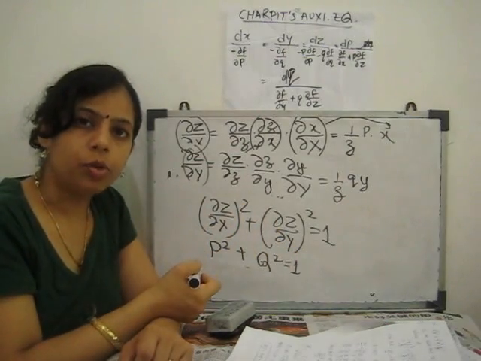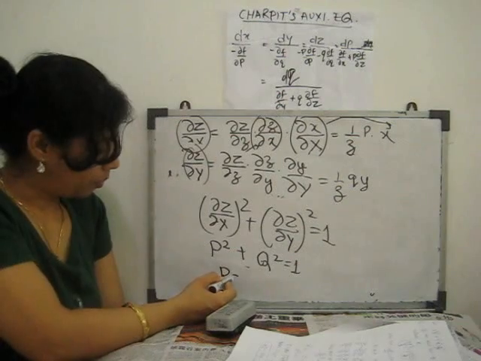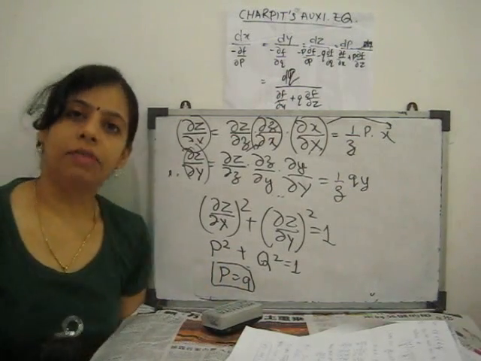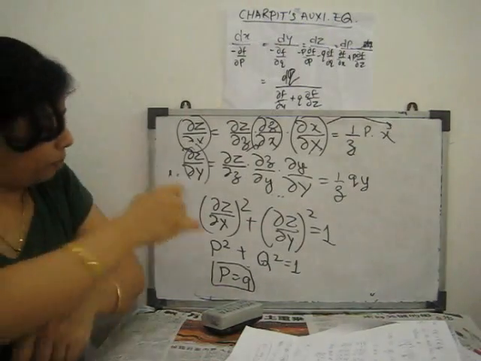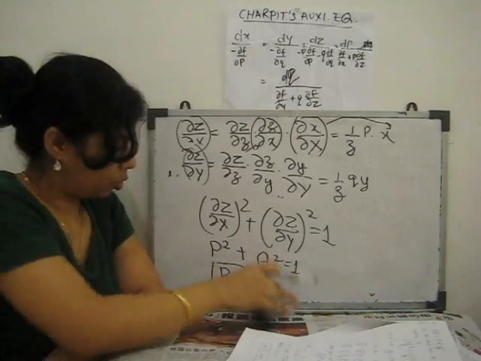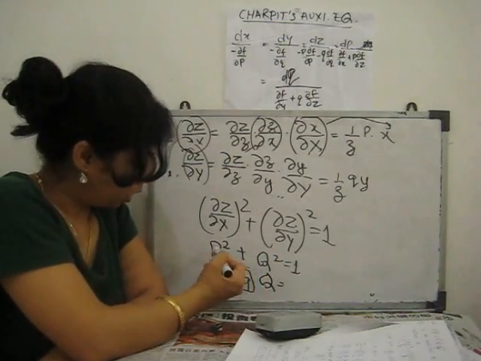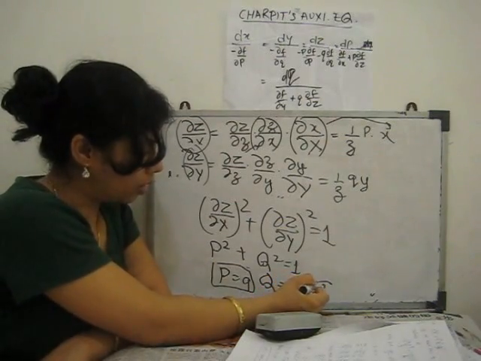Now the equation is reduced to PQ form. So we say from here capital P is equal to a constant, any constant A, with the help of the auxiliary equation of Charpit's method. Now if P is A, what is Q? Sorry, capital Q, not small q. What is capital Q? With A here, this is 1 minus a square.